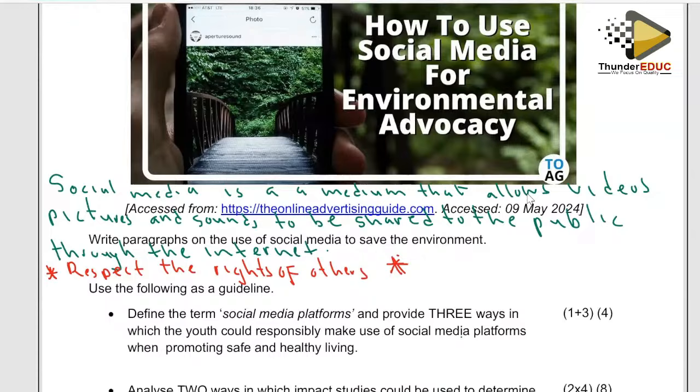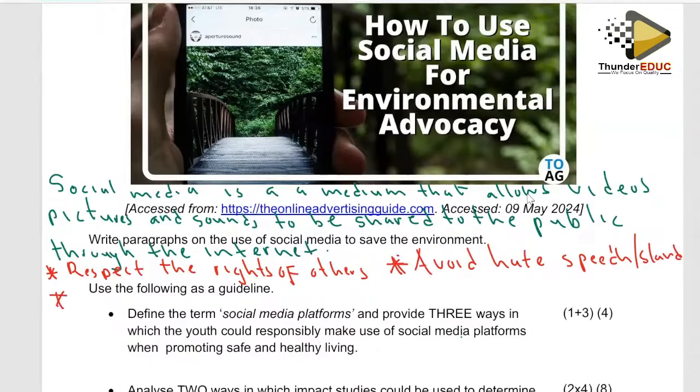Then in addition to that, avoid hate speech or slander. They should avoid using hate speech. Then in addition to that, they should keep their privacy settings up to date.